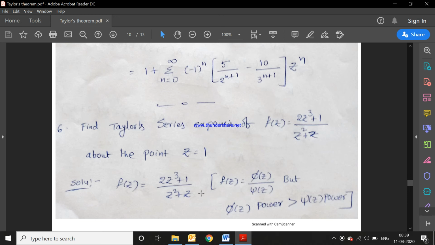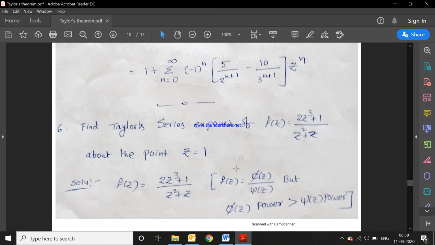Generally we can write partial fractions when the function is in the form f of x by g of x, where f of x power is less than g of x power, and we have four models to apply partial fractions. But here, this is a special case to write the partial fractions.